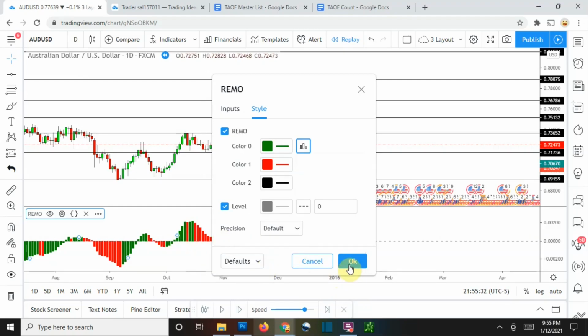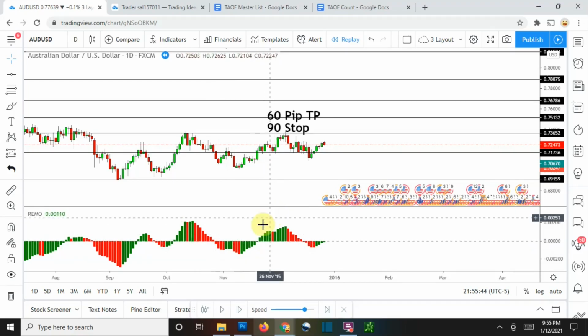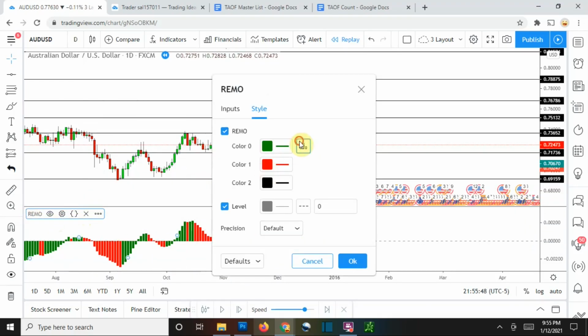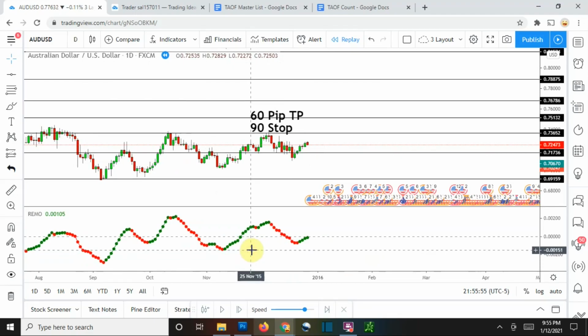And so what you can do is change it to where we are looking specifically for the zero line cross. Once it crosses the zero line, you could take either a short or a long. You can play around with it and see what is best.